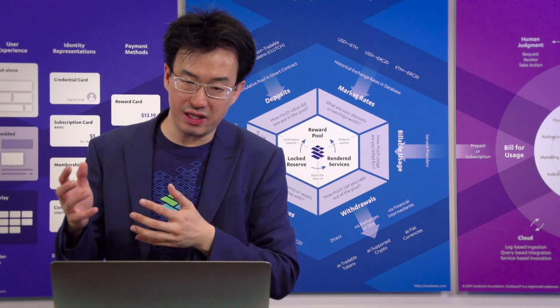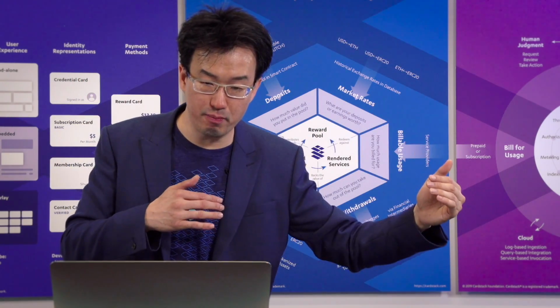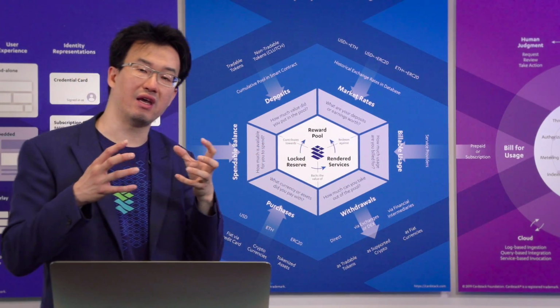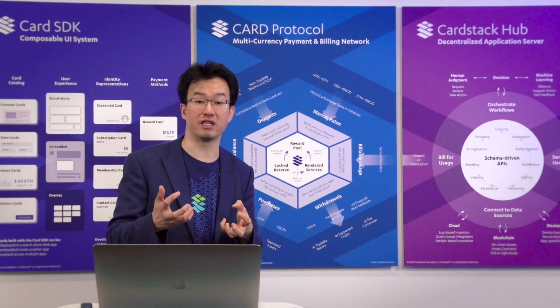It turns out that the other ones, the market rates, the purchase and the spendable balance, are really needed when you're doing a multi-currency payment network.